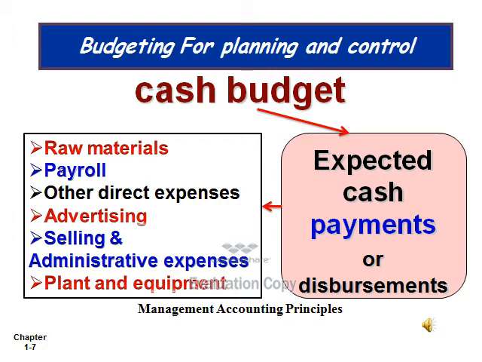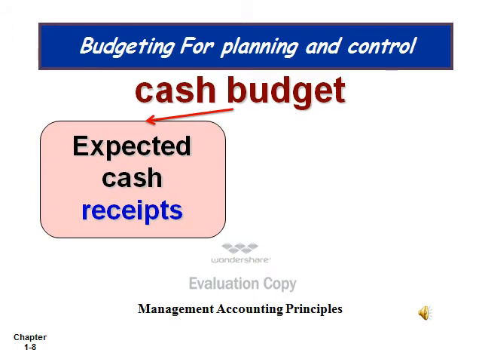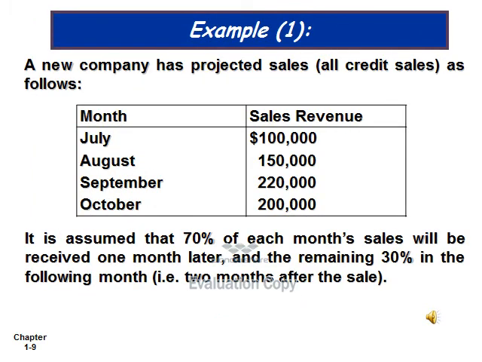Now we can take an example. In the first example, I will explain only expected cash receipts. Example 1. A new company has projected sales, all credit sales as follows.